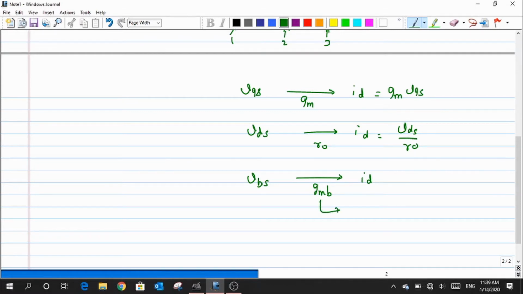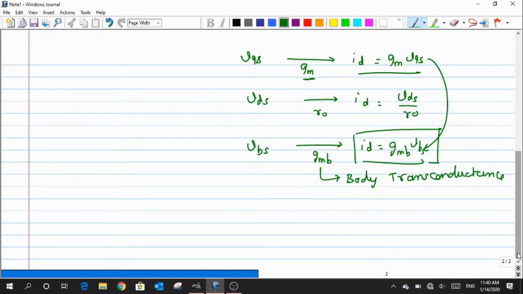This gmb is nothing but a transconductance, but it has a special name, different from the transconductance we have spoken about before, and it is called body transconductance. One could use the same analogy to define this current. Just because of the variation of VBS, I am getting a current, and that current could be modeled as gmb times VBS.